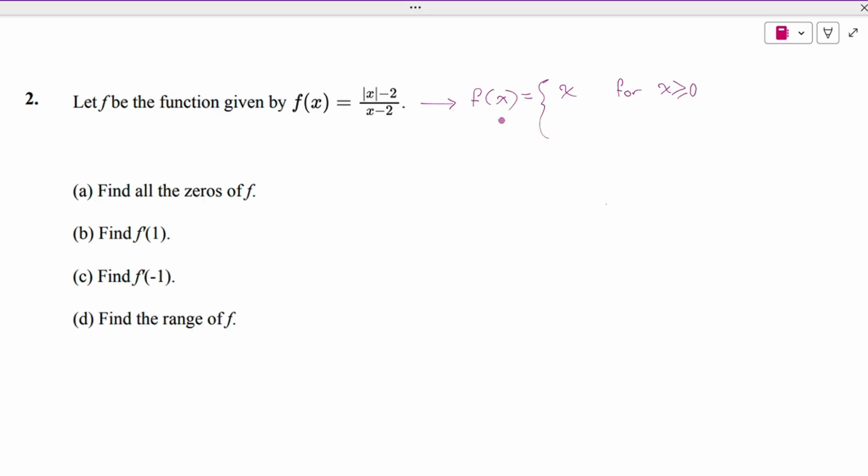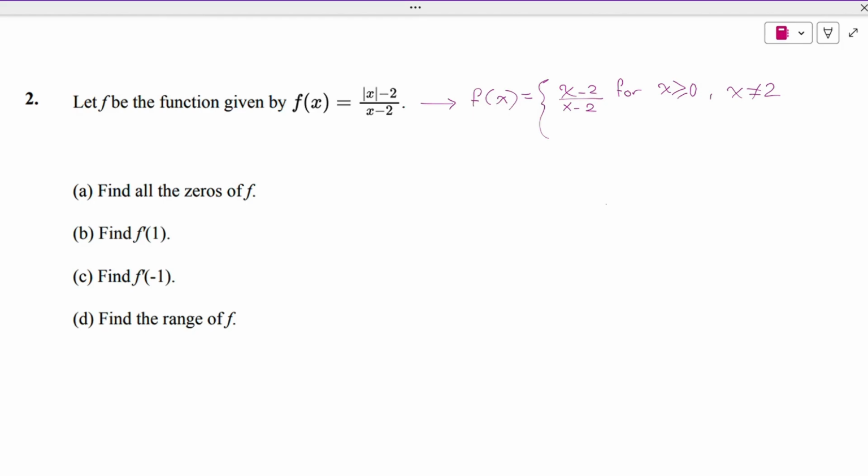Okay? And then we will write this minus 2 over x minus 2. Now, but notice that 2 makes the denominator 0, so x should not be 2, because it will make the denominator 0 and the function will be undefined.